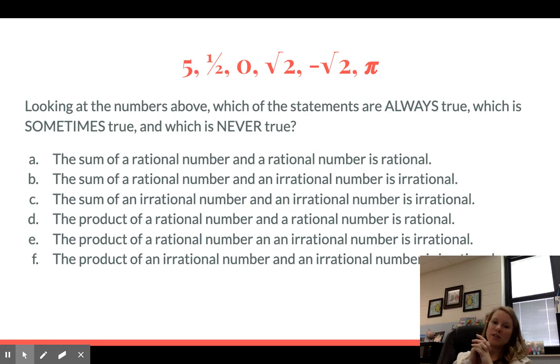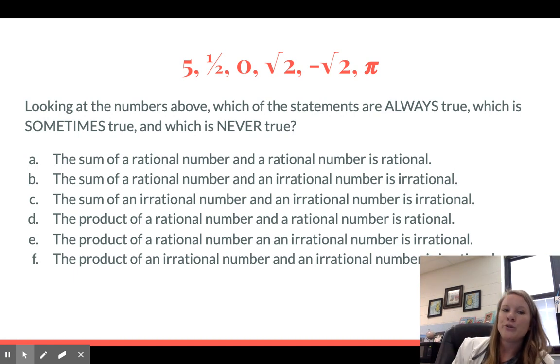E part, the product of a rational number and an irrational number is irrational. Is that always true, sometimes true, or never true? And then F, the product of an irrational number and an irrational number is irrational. What do you think about that one? Always true, sometimes true, or never true?